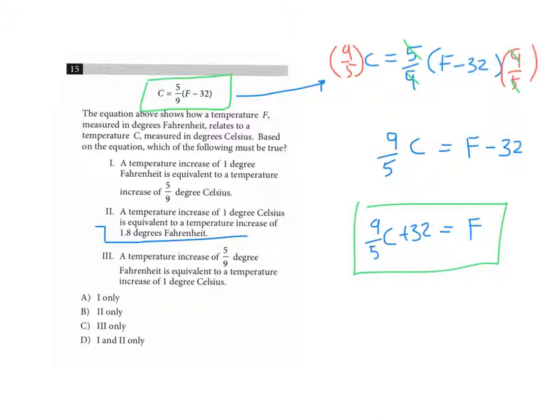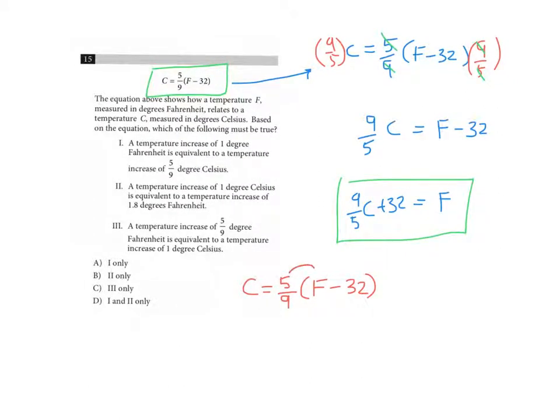All right, now let's analyze Roman numeral 1. What does it say? A temperature increase of 1 degree Fahrenheit is equivalent to a temperature increase of 5/9 degree Celsius. So is that true? Well, I don't know. Here's the original situation: F minus 32.